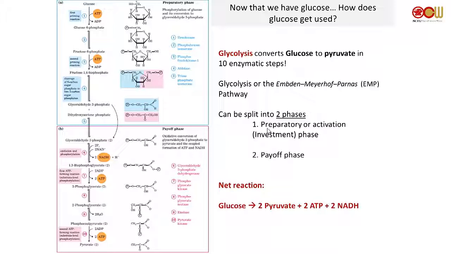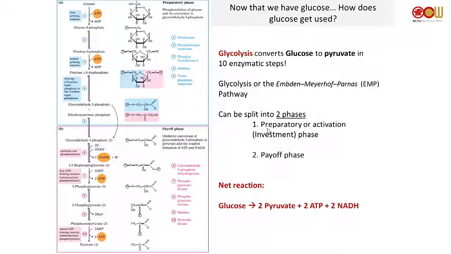Otherwise, glucose is pretty stable. So you spend 2 ATP to convert 1 glucose, a 6-carbon molecule, into two 3-carbon molecules, and these are phosphates.